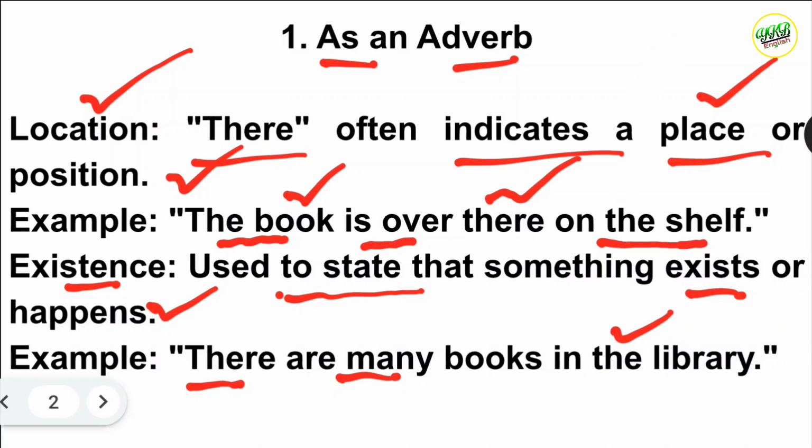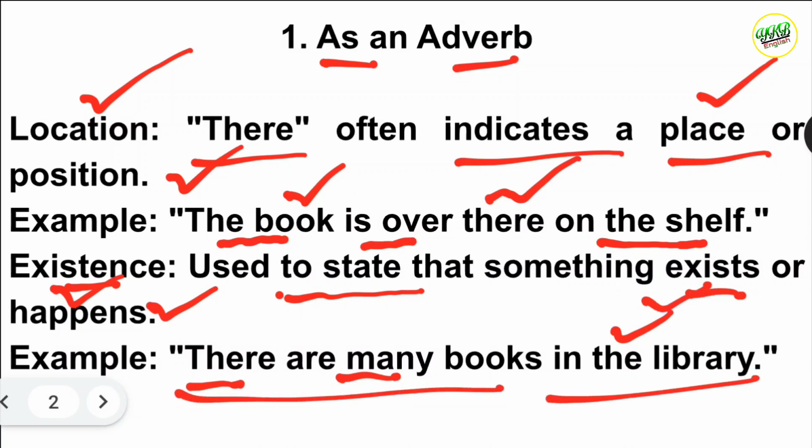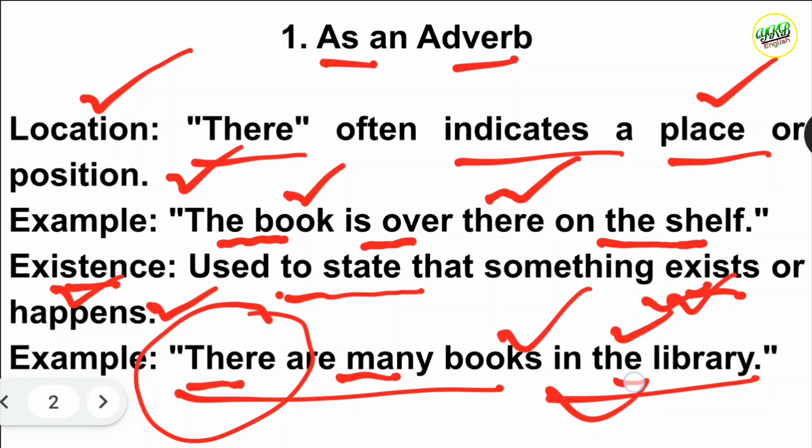This is our second rule about "there". Existence means something exists or happens. For example, there are many books in the library. So "there" indicates the existence of books in the library.